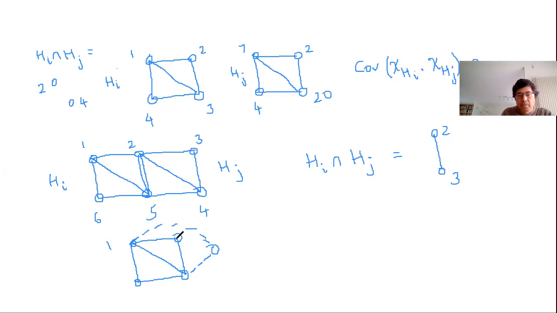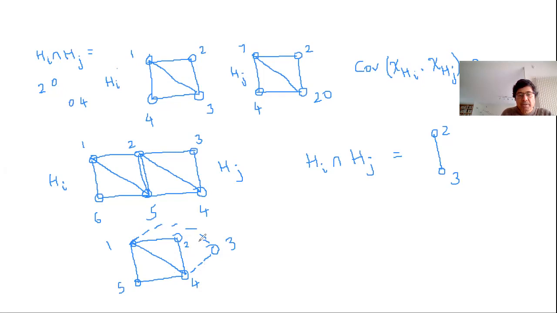So we have the vertices 1, 2, 3, 4, 5, let's say. Hi consists of vertices 1, 2, 4, and 5 with the diagonal.